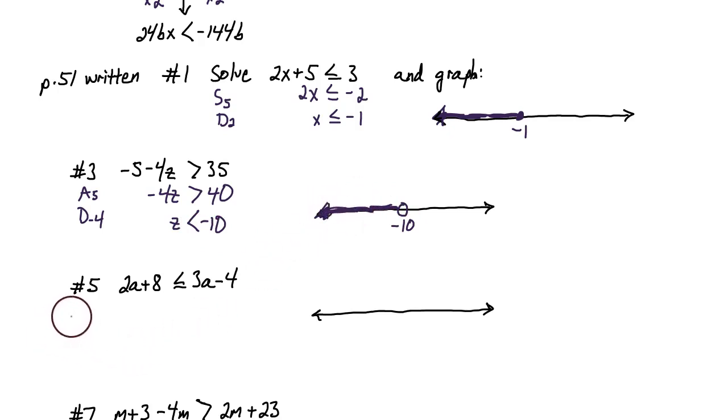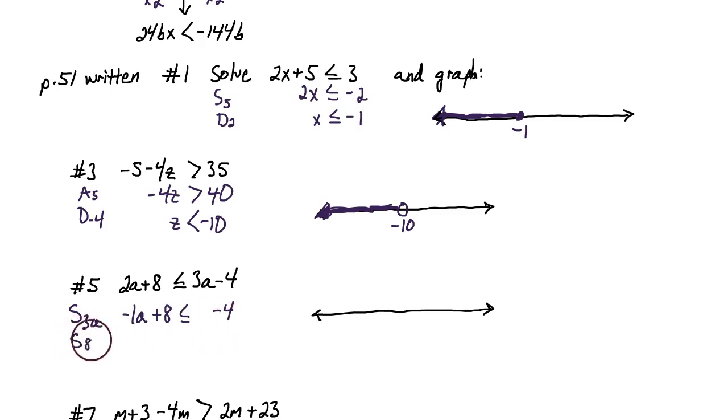Number 5, solve for a. First, let's subtract the 3a so that there is no a term on the right of the problem. 2a subtract 3a makes negative 1a, or simply negative a. And here's plus 8, here's the less than or equal, and here's the negative 4.